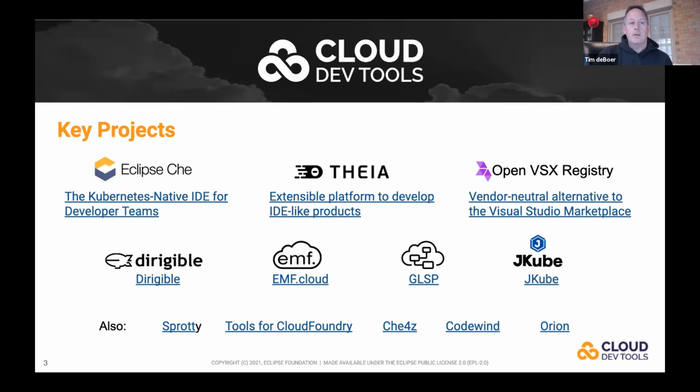And then there are many other tools, from diagramming tools and Maven tools to visualization, and there are even other IDEs and tools. So there's quite a broad landscape of available tools at Eclipse. Next slide.